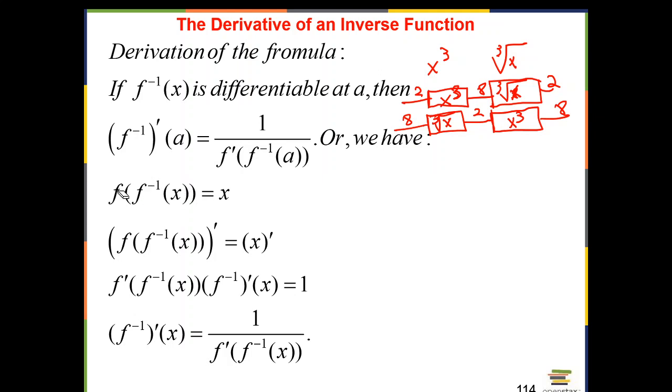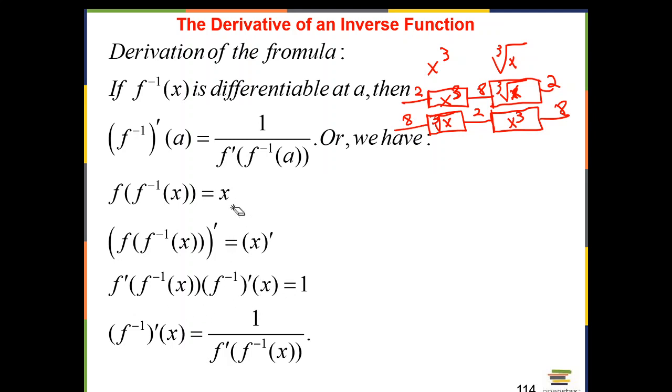So the derivative of f of something is going to be f prime of something times the prime of something, right? That's the inside function. So the prime of f of something is f prime of something times the prime of that something, right?